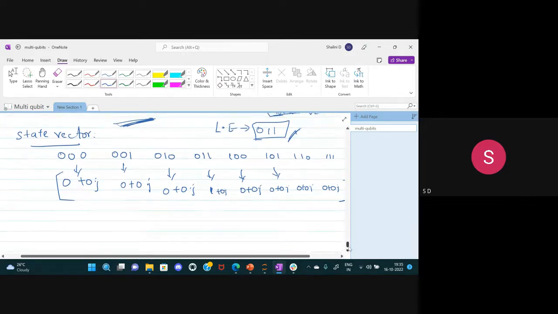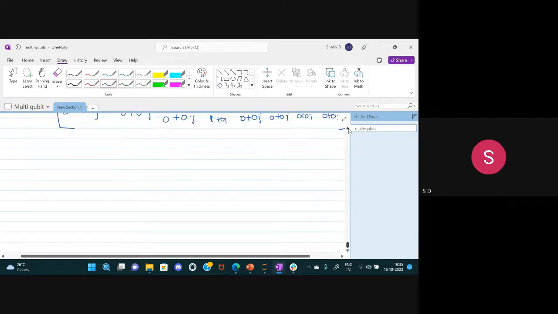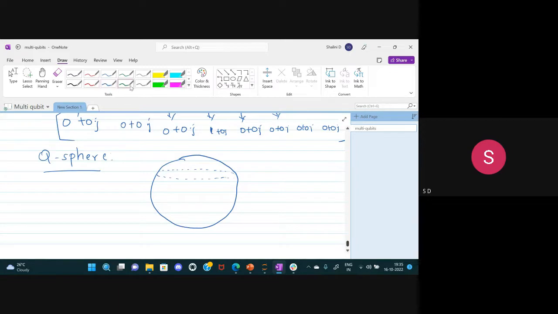Okay. For the Q sphere, we will see the Q sphere. Q sphere is a little bit on the tricky side. The Q sphere for 2 qubits we have seen is very easy. For 3 qubits, it will be a little bit different. Okay. This is a dotted line. It means it is multi-qubit. So above we have 0 0 0.